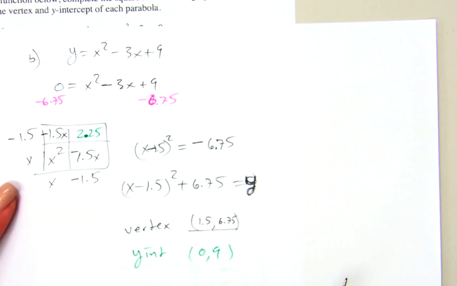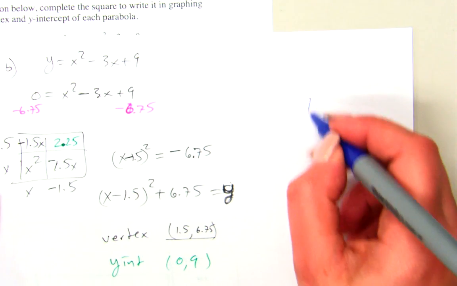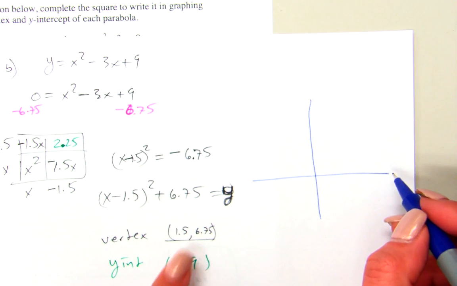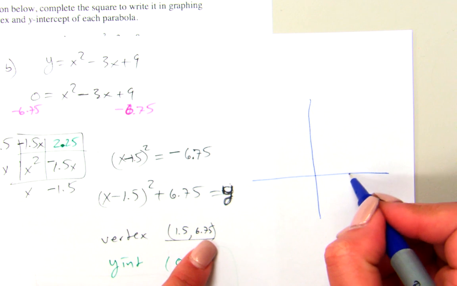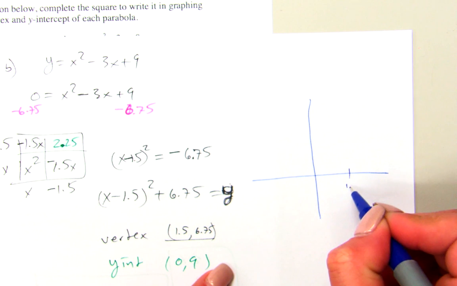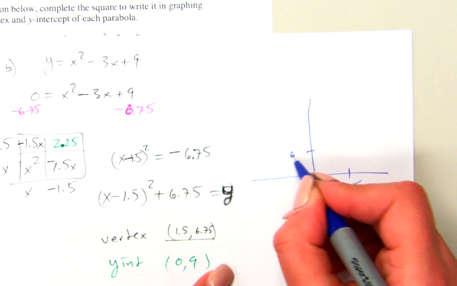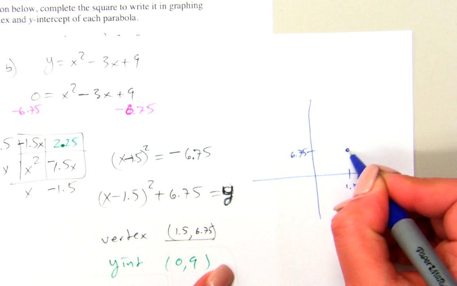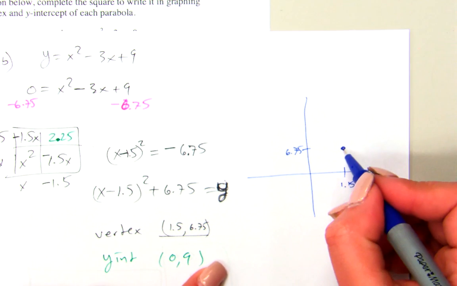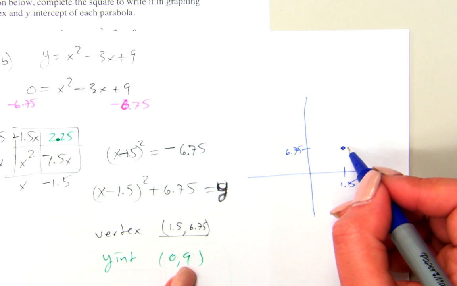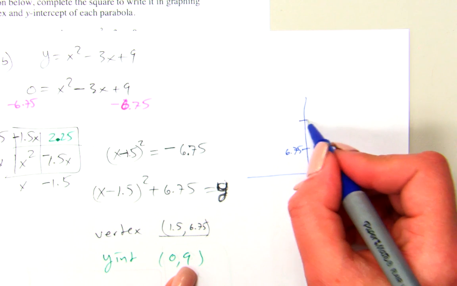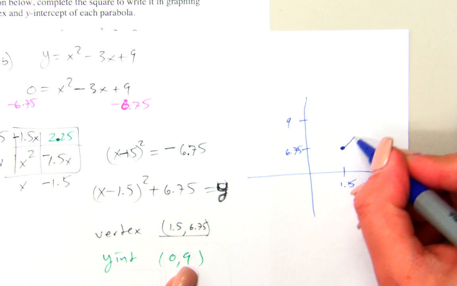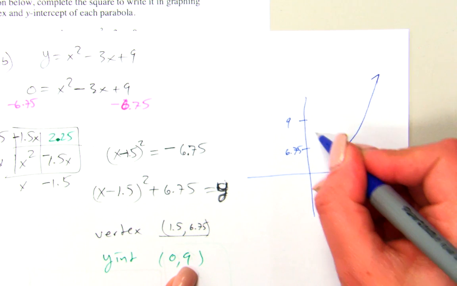So if I actually wanted to graph this whole parabola, my vertex is going to be at 1.5 and 6.75. I'm not drawing this to scale, obviously. But it's going to hit the y-axis at 9. So your parabola is going to look something like that.